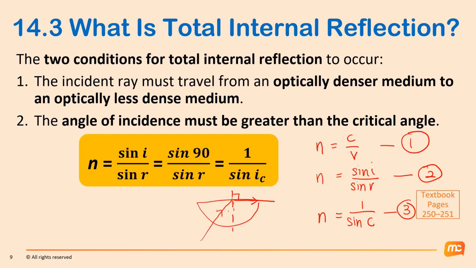The angle in the air is always 90 degrees. So sine 90, you will get 1. That is why I get 1 over sine. The angle in the medium is actually known as the critical angle. That's why you have this formula, N equals 1 over sine C.